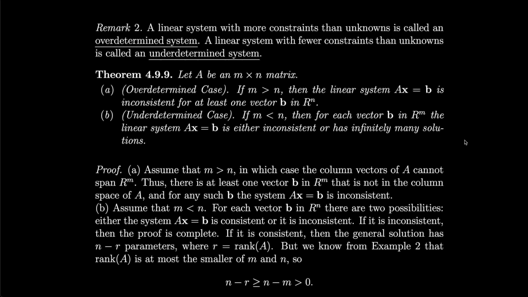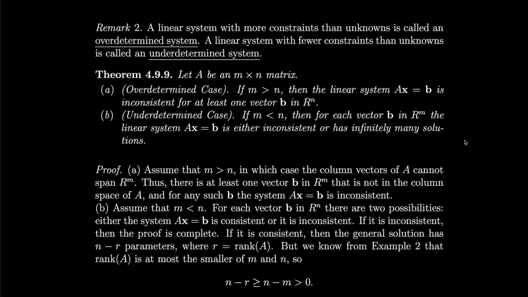For part B, let's assume that m is less than n. For each vector b in Rm, there are two possibilities. Either the system Ax equals b is consistent or it is inconsistent. If it is inconsistent, then we're done. If it is consistent, we have to show it has infinitely many solutions. But we know that the general solution has n minus r parameters, where r is the rank.